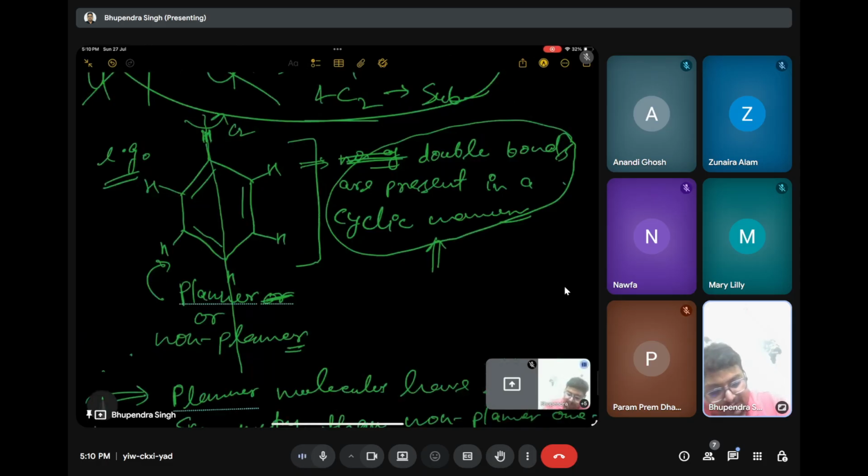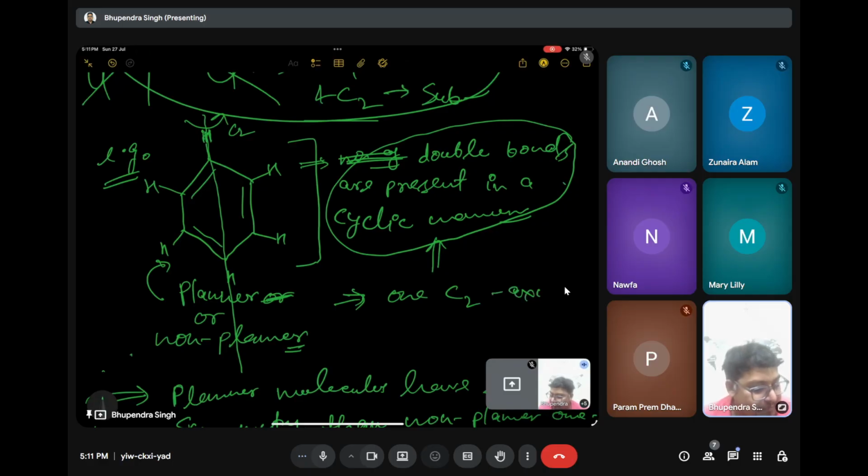We have determined one C2. This is the planar molecule. Whichever axis I consider, I just flip the molecule 180 degrees. The C2 axis is present. So what I found is that one C2 axis is present.